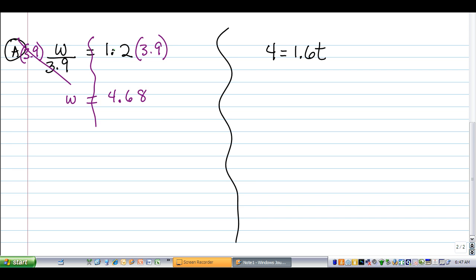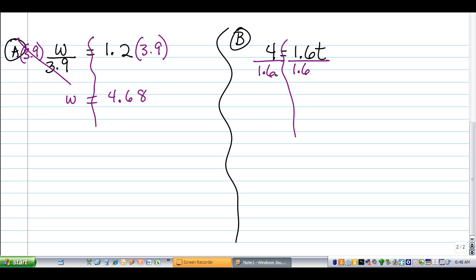Okay, let's move over to, let's mark this problem B. Here we have a multiplication problem. Okay, so we are going to do the opposite of multiplication, which is division. So we are going to use that division bar, or also called the fraction bar, and divide both sides by 1.6.